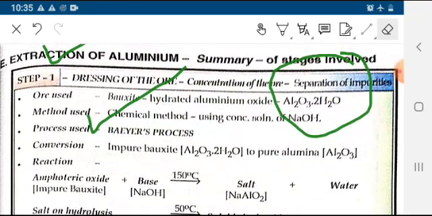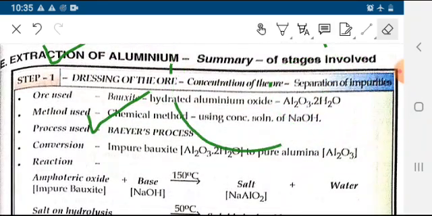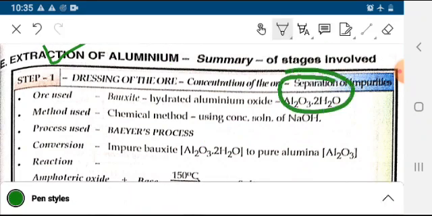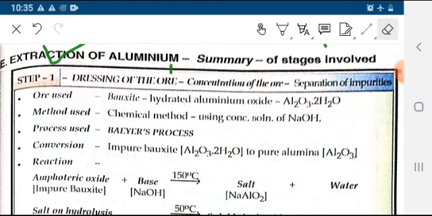Now we have to discuss the extraction of aluminium. It is the most important process. The ore used for extraction of aluminium is bauxite, and with the help of the chemical method NaOH is used.